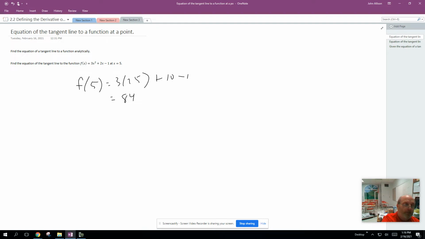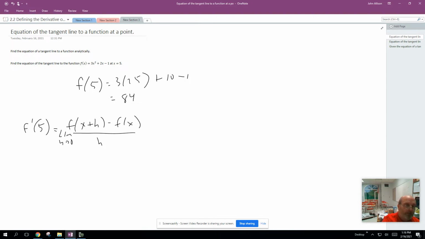And recall that yesterday we had f of x plus h minus f of x over h. That looks really, really close to that limit. So we're looking for f prime at 5 so we can find the slope, and that's the limit as h goes to 0 of that difference quotient.